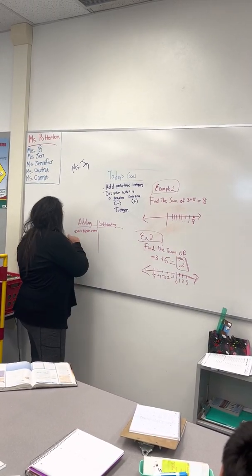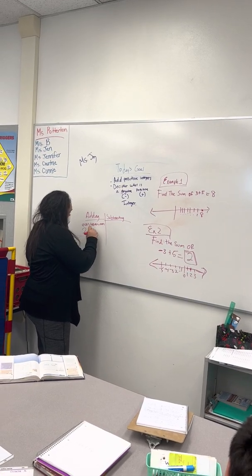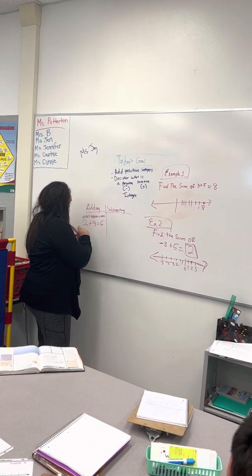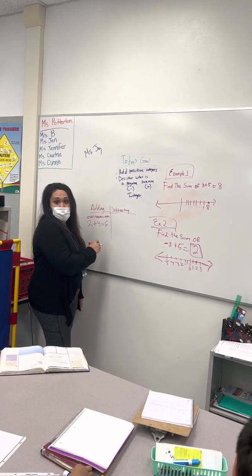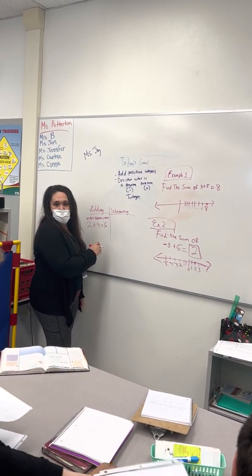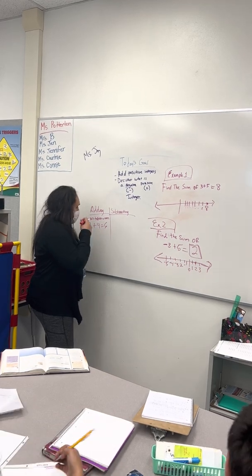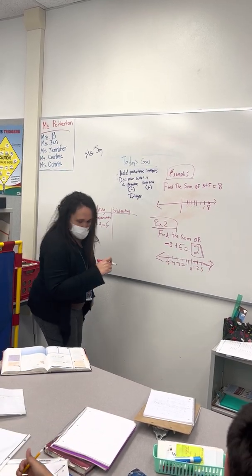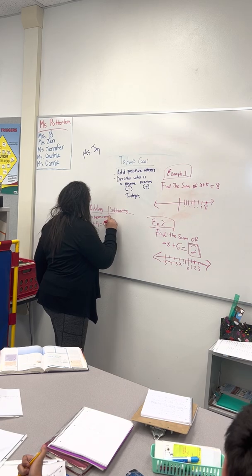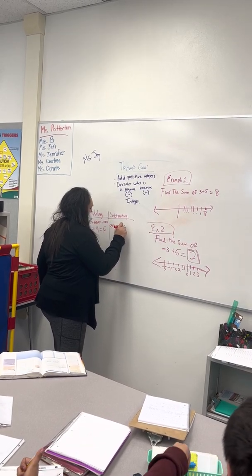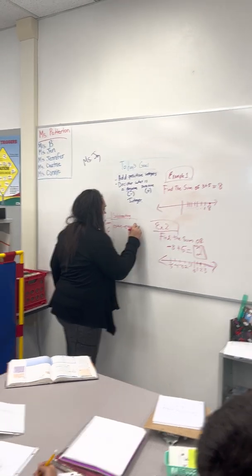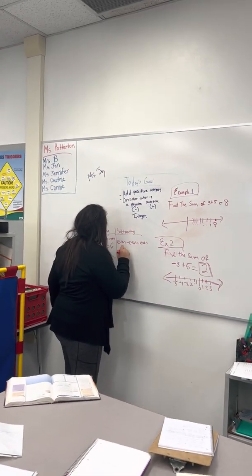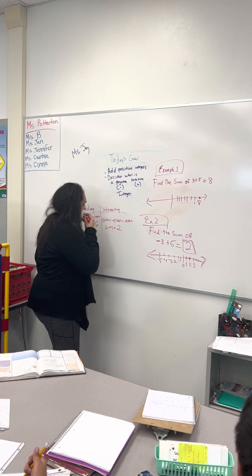So let's say you had 2 plus 4 equals 6, right? Even, right? Are you guys all with me? Okay. So when you're doing even minus even, it will be even. So 4 minus 2 is 2.